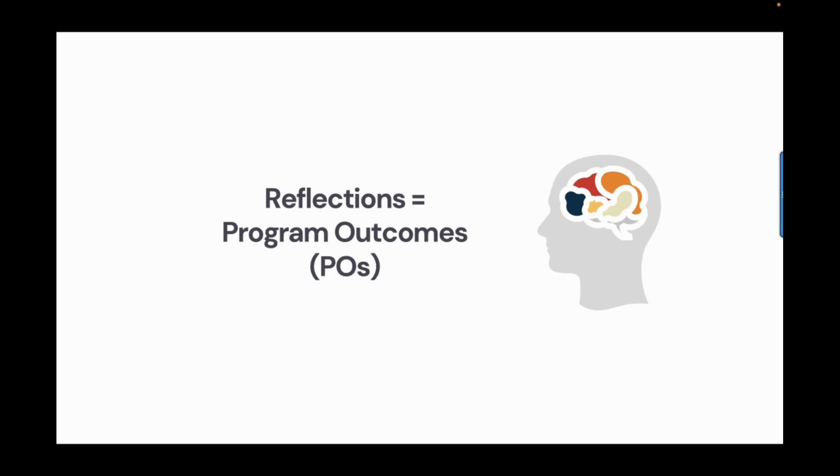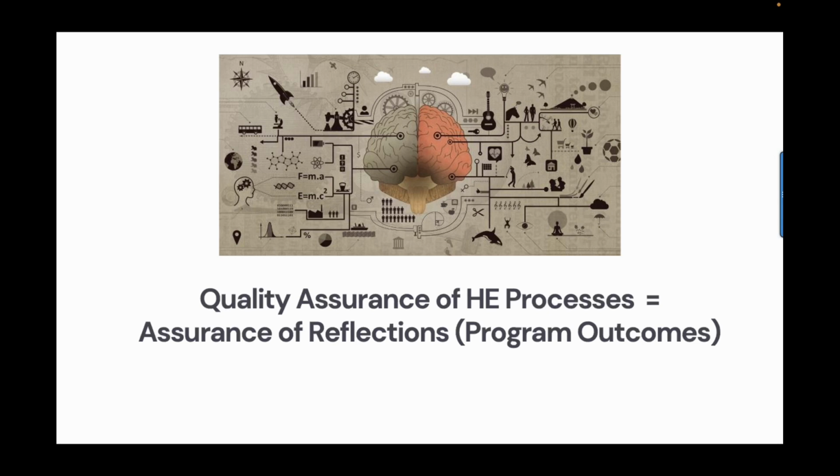So what you're actually looking at in the minds of the student is the reflection, and these reflections have a direct relationship, or those could be defined as the outcomes of your educational process, and those are nothing but actually the program level outcomes, which students will achieve by the end of their graduation or undergraduation process.